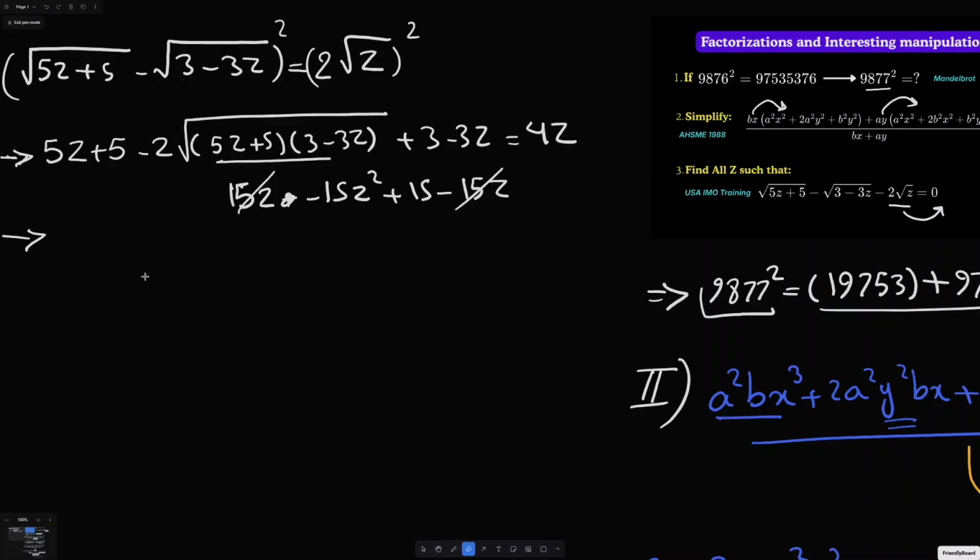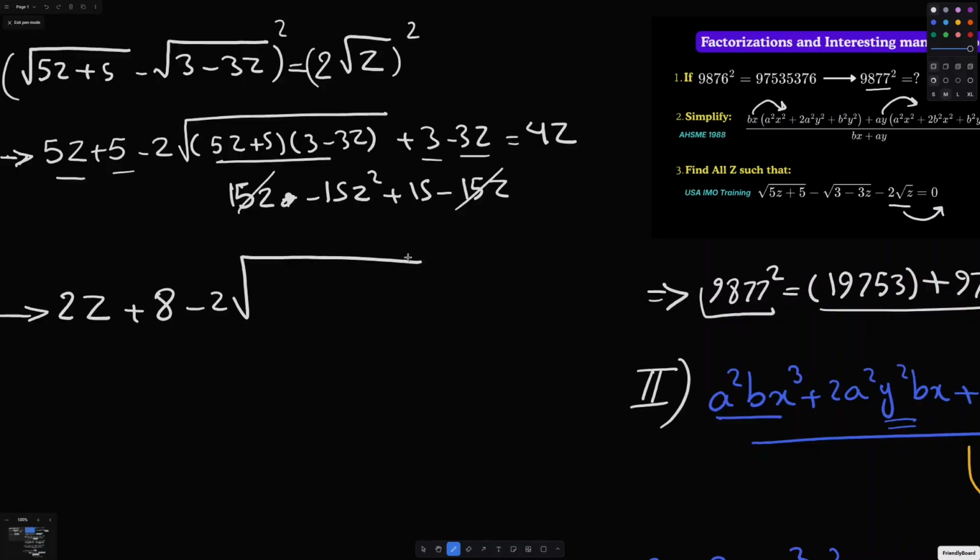If I just solve everything, and add these together as well, I'm going to get 2z plus 8 minus 2 square root of, so I have a 15 minus 15z2, so it's just going to be 15 times 1 minus z2. All I did was factor that out. Remember, this is 15z2 plus 15, so I just factored 15 out, equals 4z.